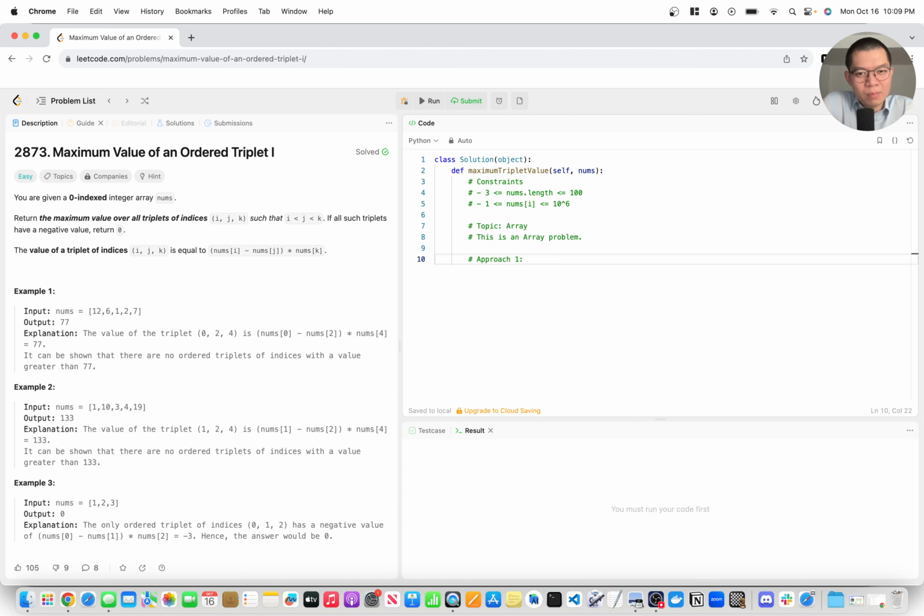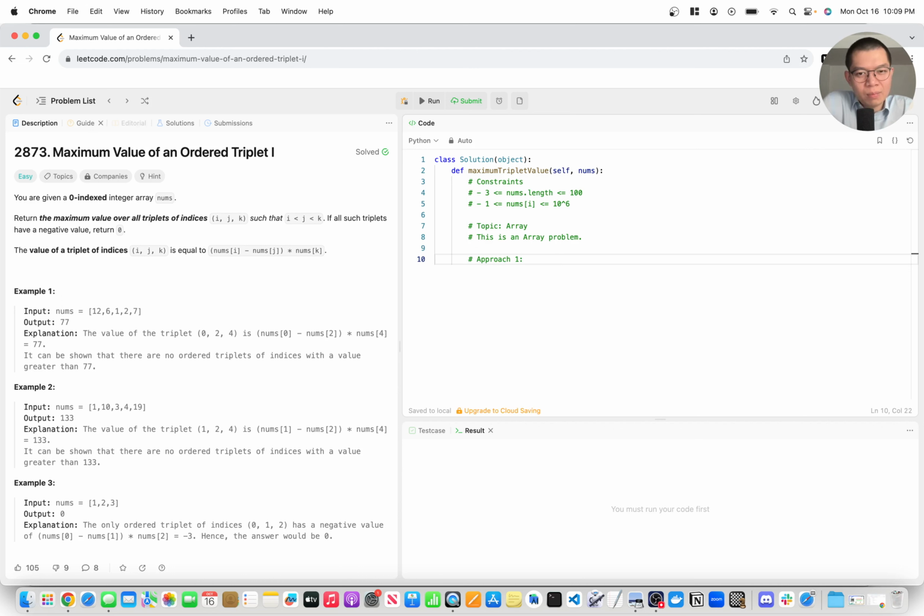Res equals 0. Let me see, how about this? n equals length of nums.